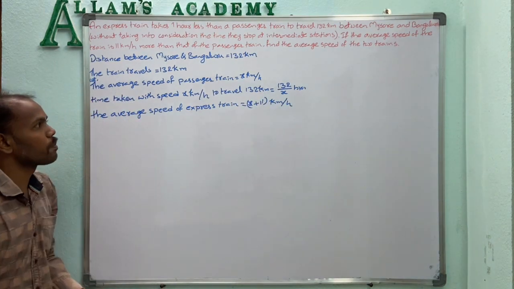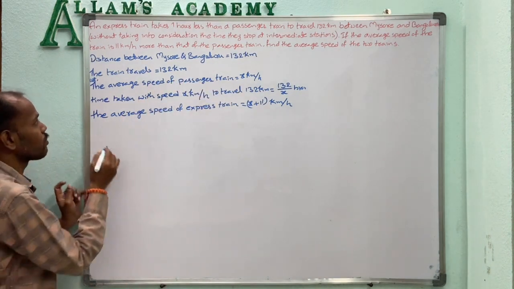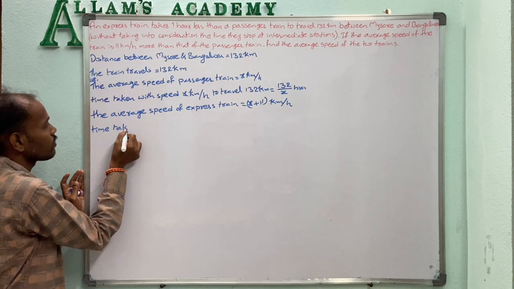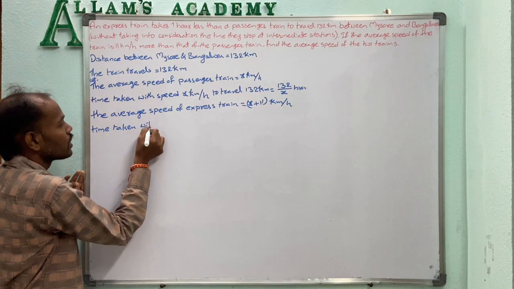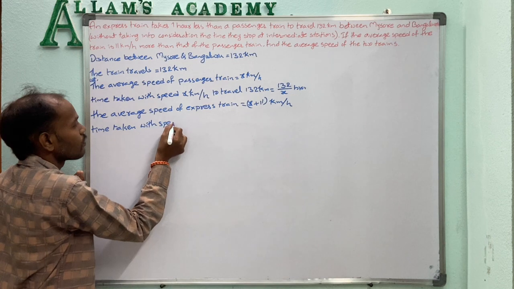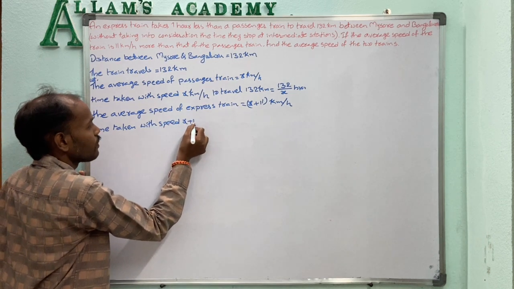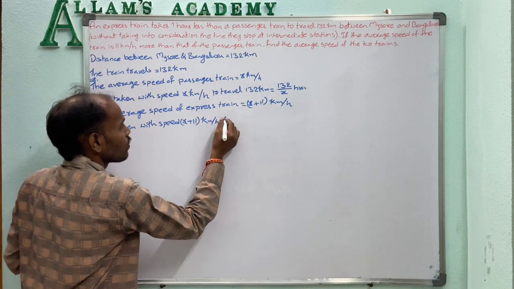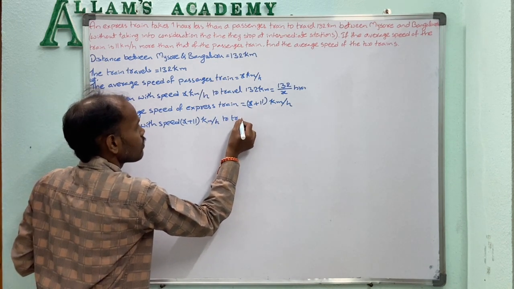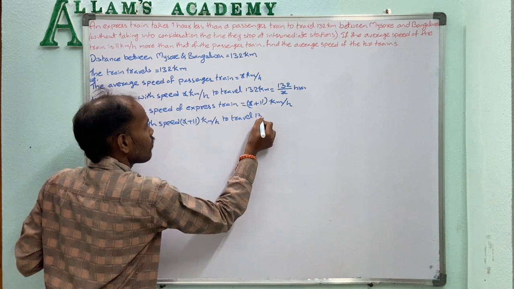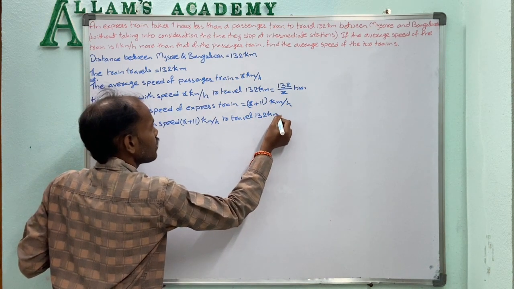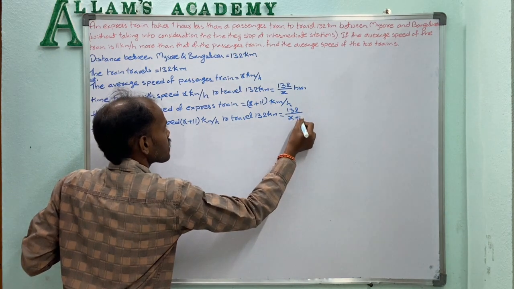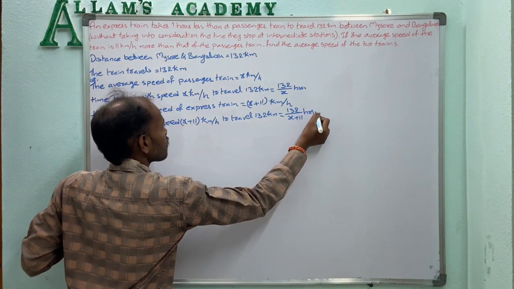With this speed, how much time is taken to travel 132 kilometers? The time taken with speed x plus 11 kilometers per hour to travel 132 kilometers equals 132 by x plus 11 hours.